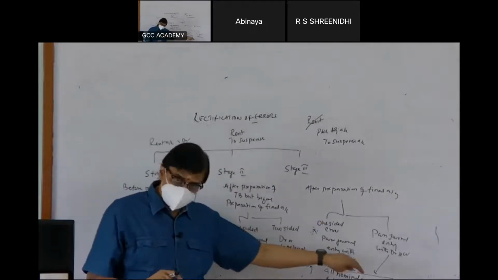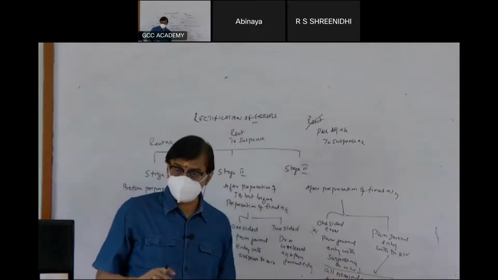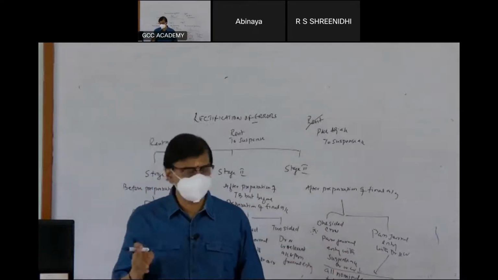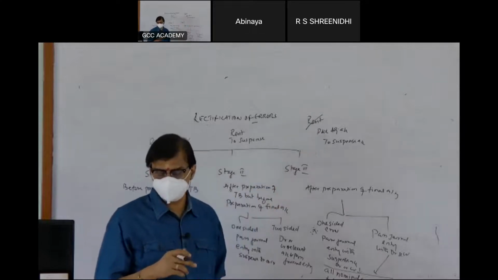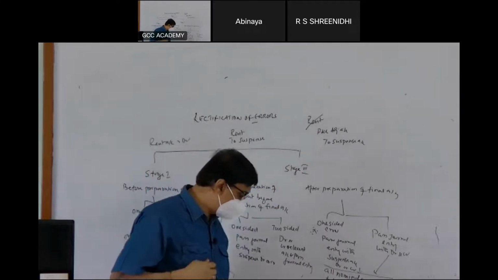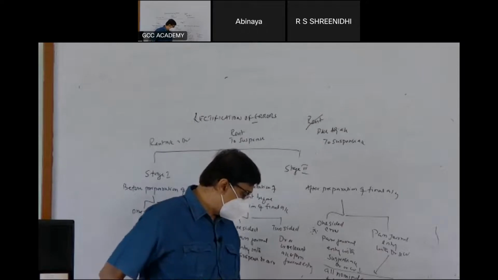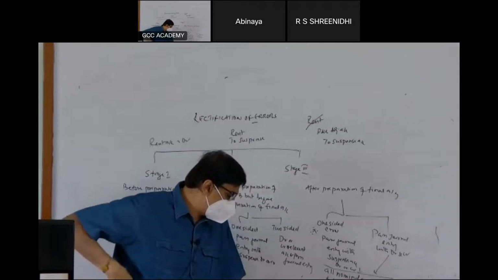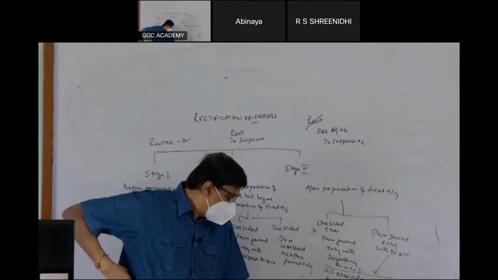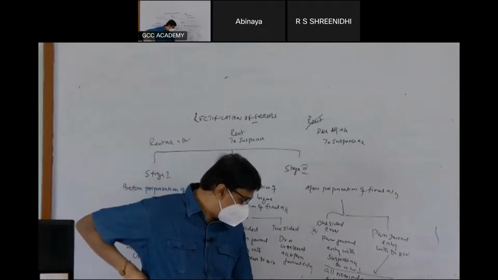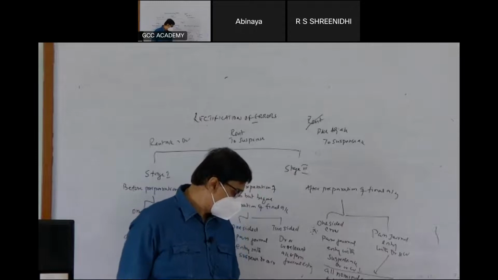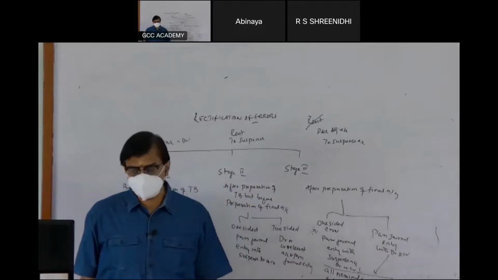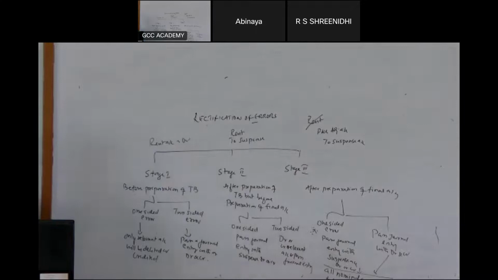If it's a two-sided error, still, if it involves a nominal account, you should debit or credit what? P&L adjustment. So make a note. If it's a two-sided error, pass the relevant journal entry, and whenever there is an item of nominal accounts, you should debit or credit the P&L adjustment account.